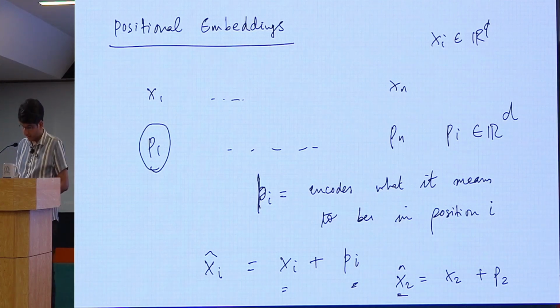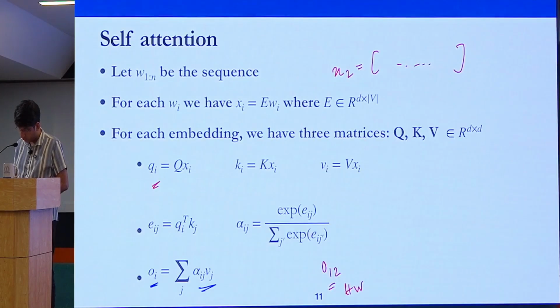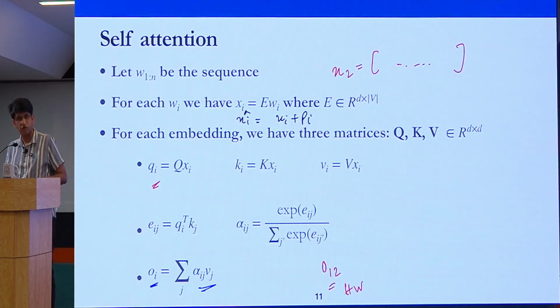And once I have this updated x, it is business as usual. You can think of another step here where xi is equal to xi plus pi, and then you just continue. So I've just added these positional embeddings initially.